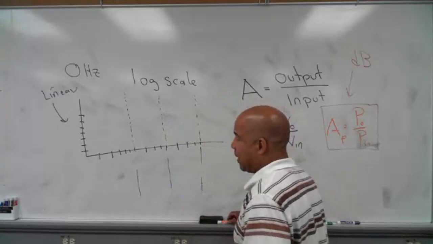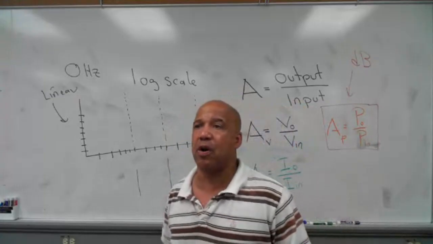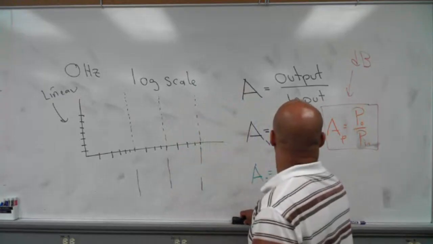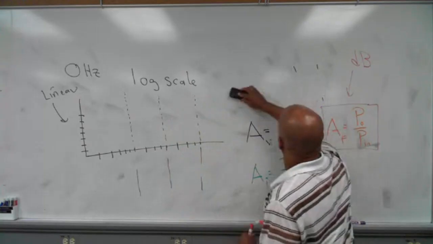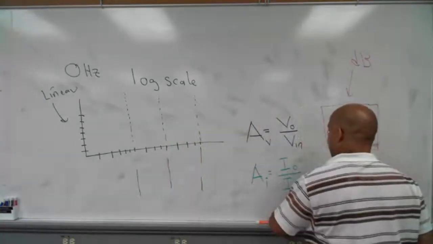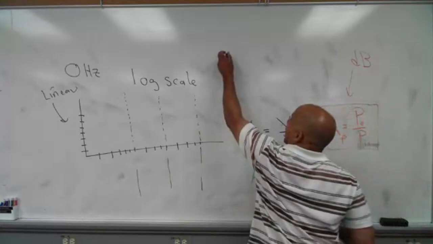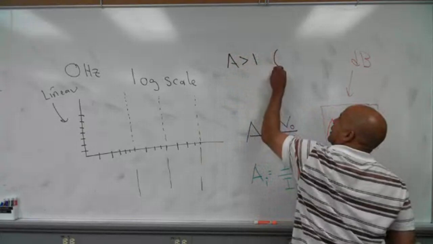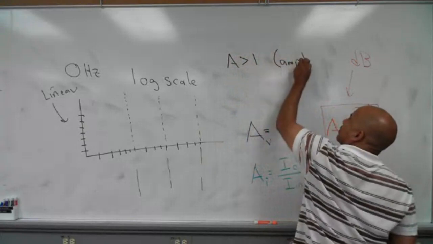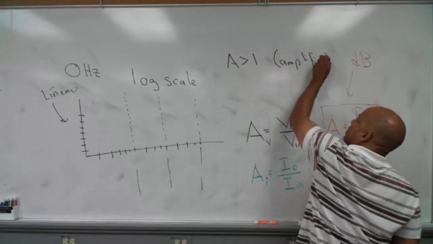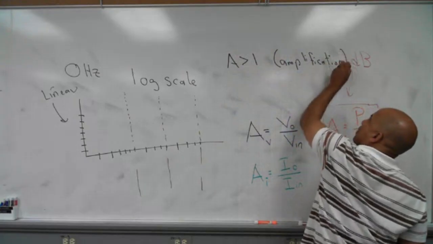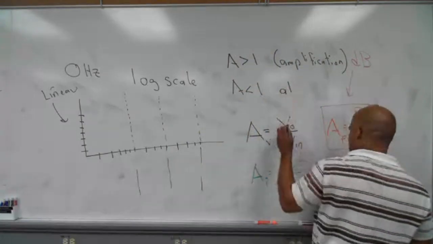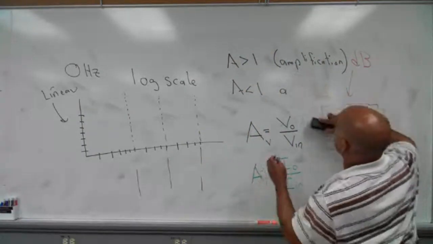So the gain can tell us if we have amplification or if we have something called attenuation. In other words, you can think of it like this. If I have a gain greater than 1, then I have amplification. If I have a gain less than 1, then I have, I don't know if I can spell that, let me try it.